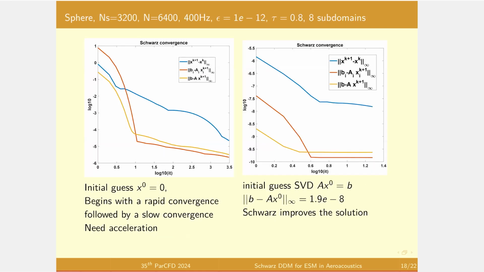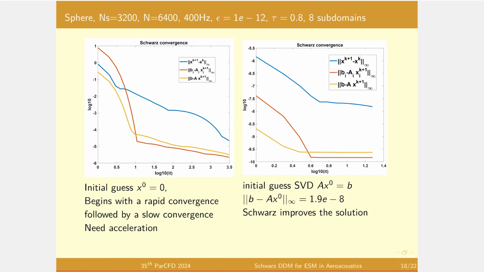Now we saw the Schwarz convergence. We're starting from the initial guess 0. We begin with a rapid convergence, and after a slow convergence. It's about 10 iterations here to achieve this, but we see that we need some acceleration to be competitive.